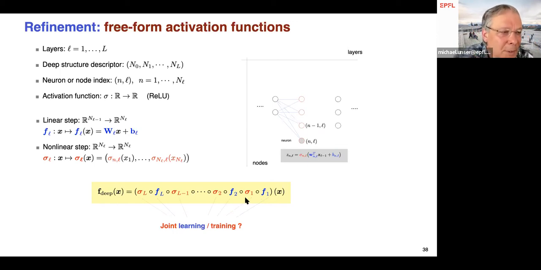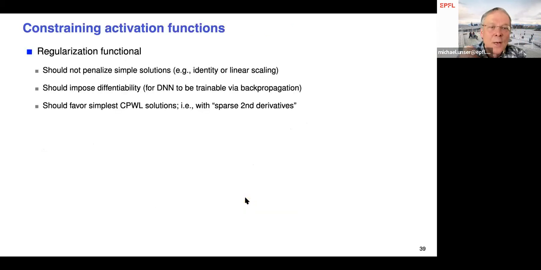Now, of course, you tell me it's ill-posed because nonlinearities are functions, so they have infinite degrees of freedom. But now we can actually rely on functional optimization. And so we want to use a regularization on the nonlinearity that should not penalize simple solutions like identity or linear scaling, should impose differentiability because we want to be able to apply backpropagation, and also favor a simple CPWL, because those work so well in practice.